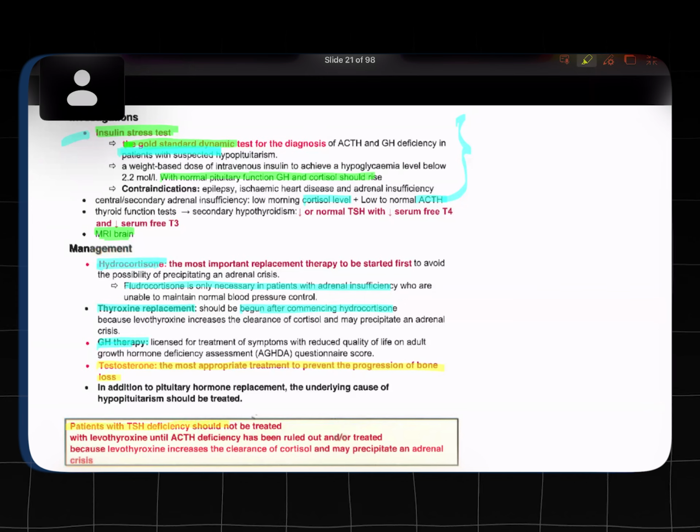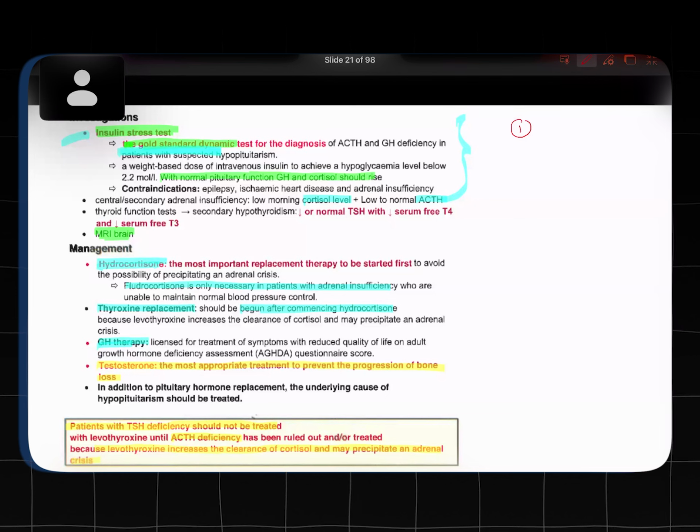If the patient has TSH deficiency, the first thing is to rule out ACTH deficiency, because if you give levothyroxine to a patient with ACTH deficiency, that will definitely precipitate an adrenal crisis. So these are very tricky parts. From this slide, the first question is the insulin stress test.